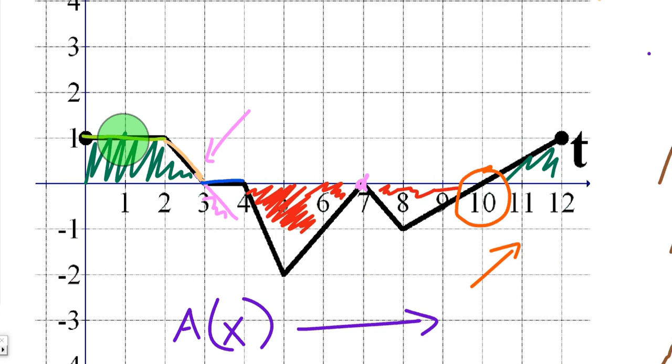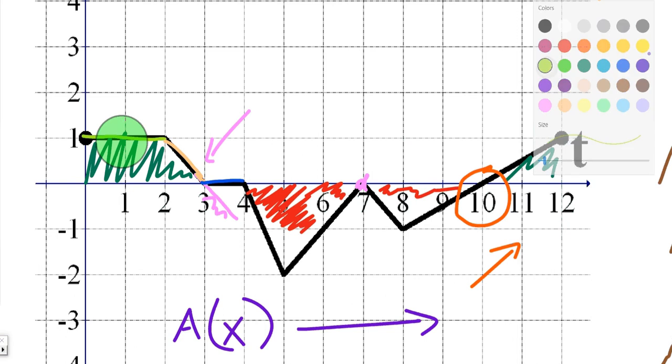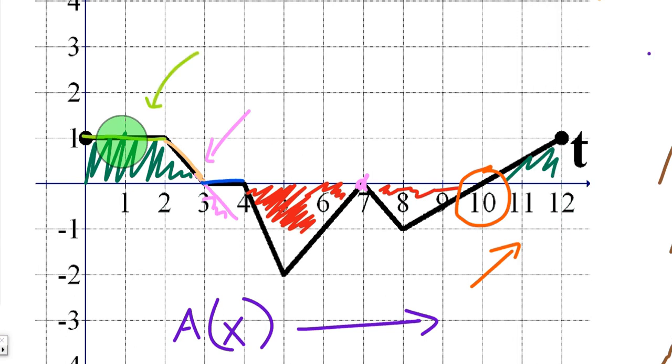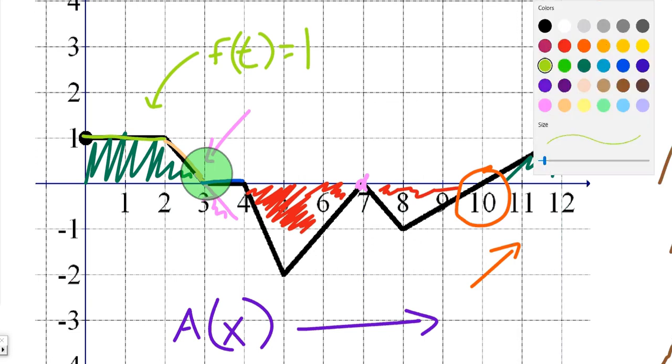So let's talk about the first piece, this little neon green. This is a horizontal line at t equals 1, right? So actually, this piece has an equation of f of t equals 1. Okay? This next piece, which I have in beige, has a different formula.